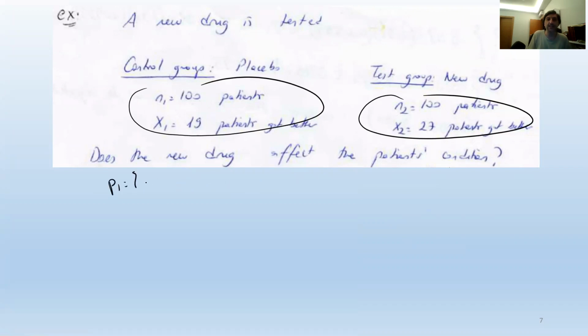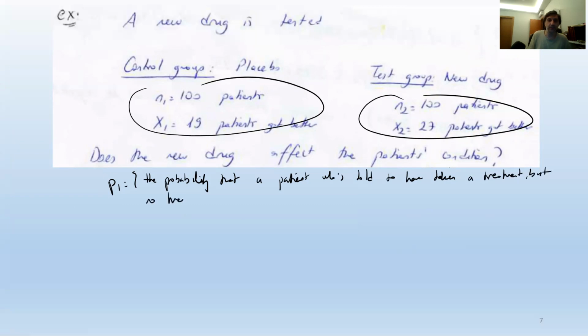P1 is the probability that a patient who is told to have taken a treatment but no treatment is given gets better. Well, that's a very long definition, but I think that pretty much captures the spirit.